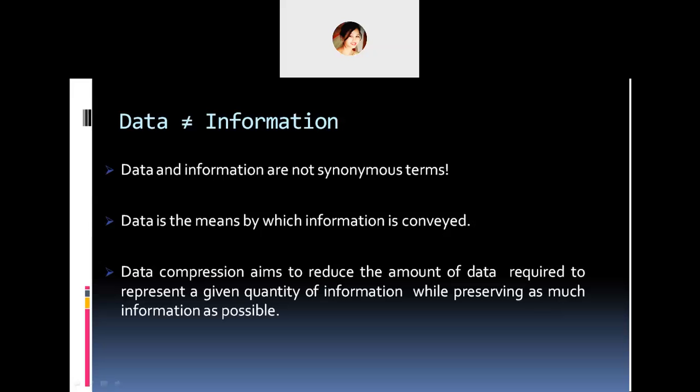Then, talking about data compression. Data compression aims to reduce the amount of data required to represent a given quantity of information while preserving as much information as possible. Data compression and image compression are almost the same, because an image is a way of displaying data in the form of figures, and data is that by means of which information is conveyed.